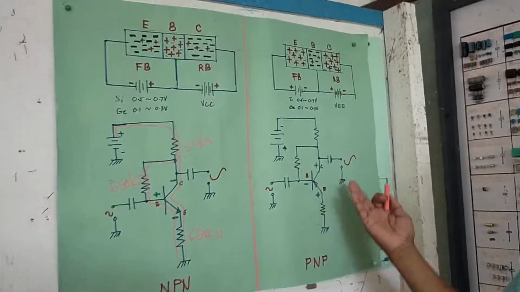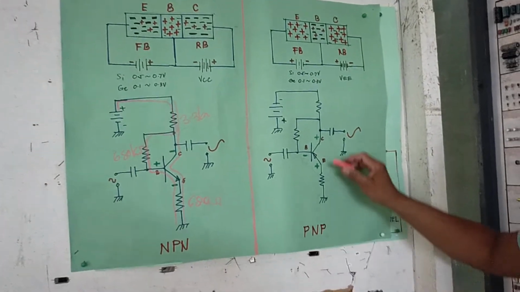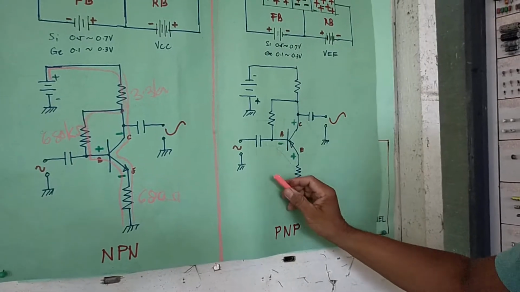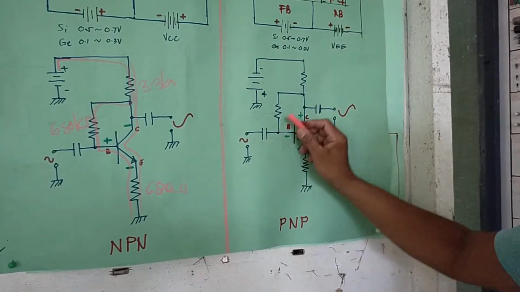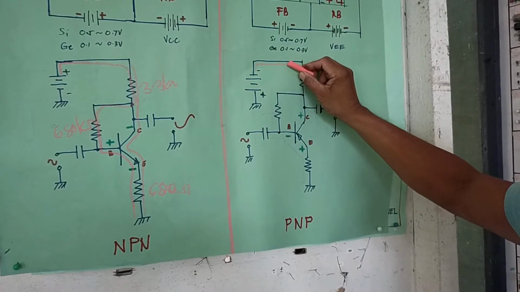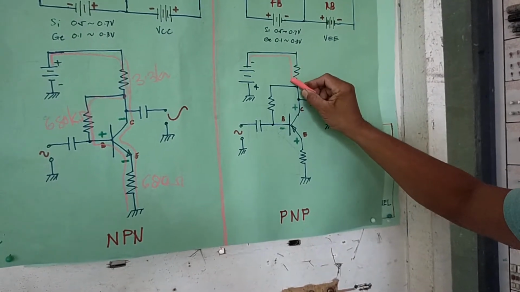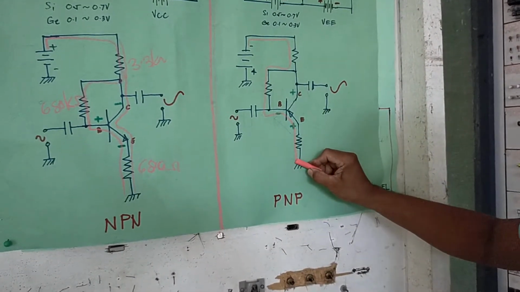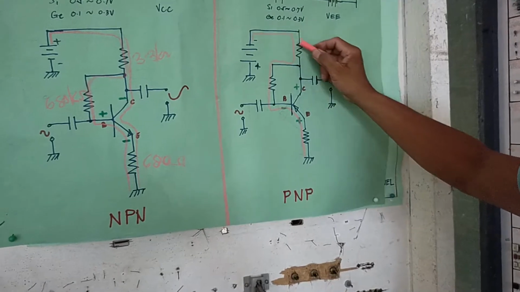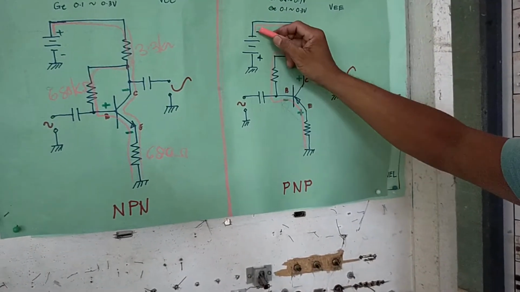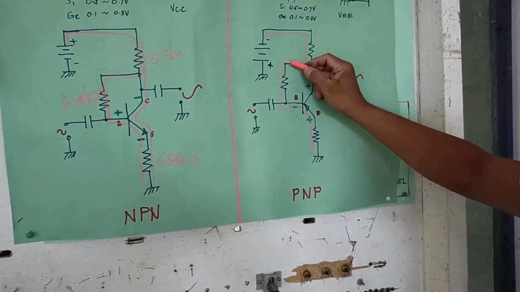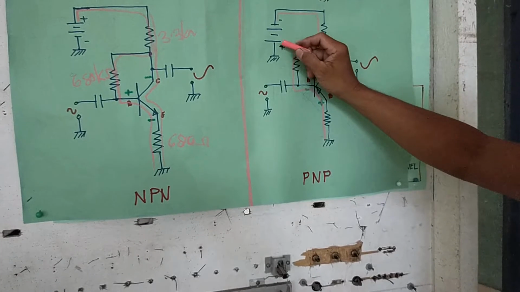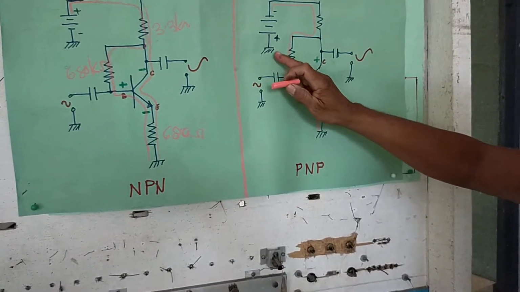Okay. Unlike PNP type, of course, it always starts from the base. The current flows here, negative, it goes like this. It goes to the positive side. Negative of the power supply, the electrons from this negative power supply are attracted by the protons or by the holes of the positive of the power supply because this ground here is positive.